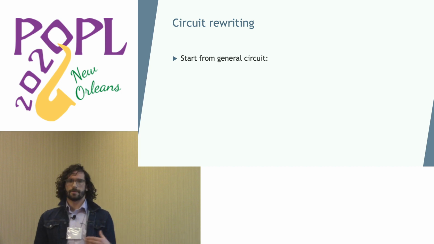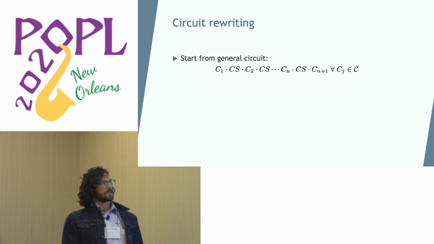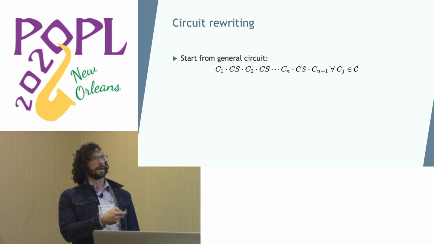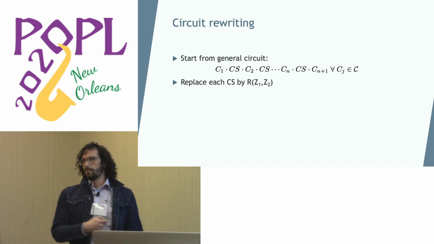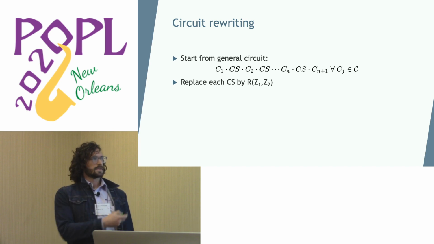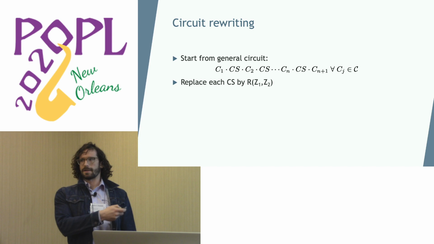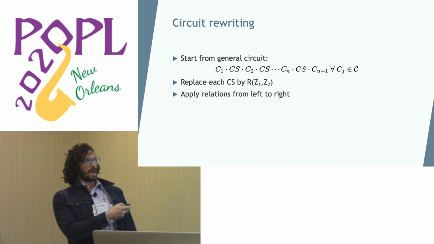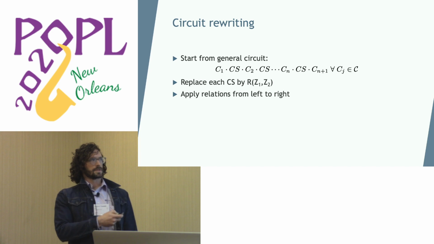To rewrite a circuit, we start from the general circuit of Cliffords with interspersed controlled phase gates, n of them. Replace each CS gate by R_{Z1,Z2}. These are exactly equivalent based on my definition. Then you apply relations from left to right.